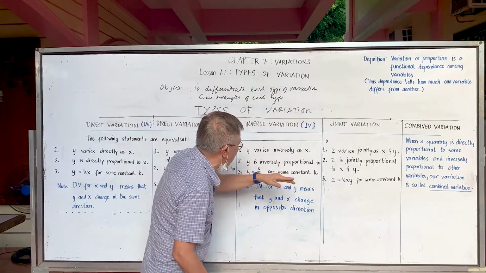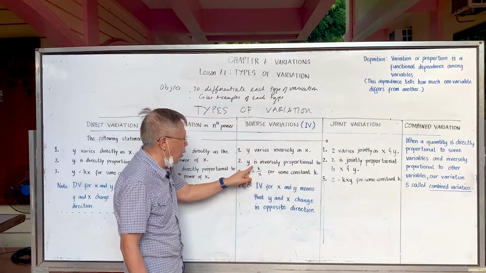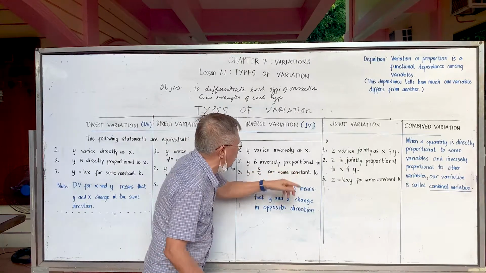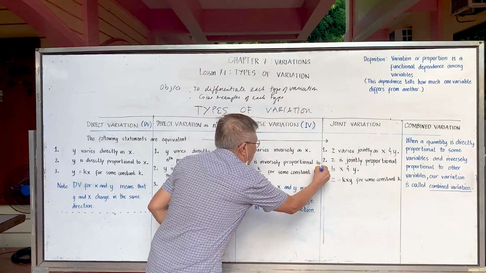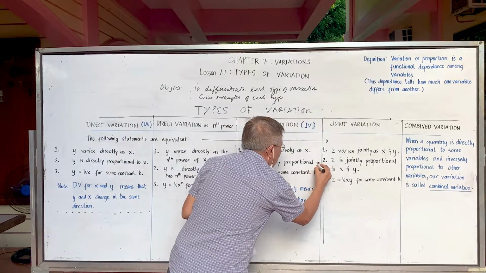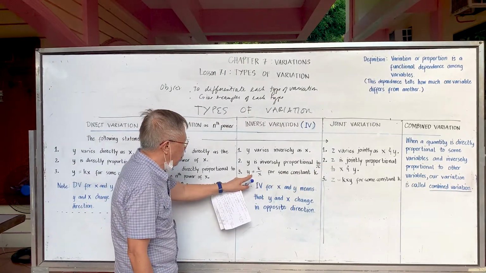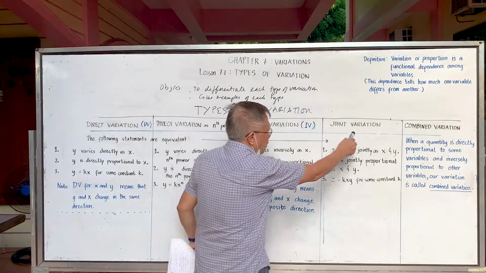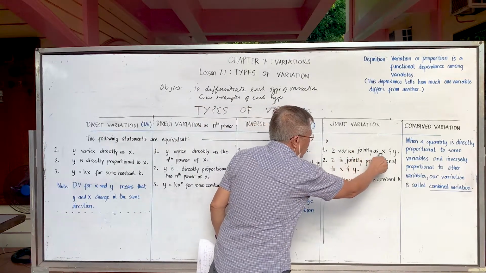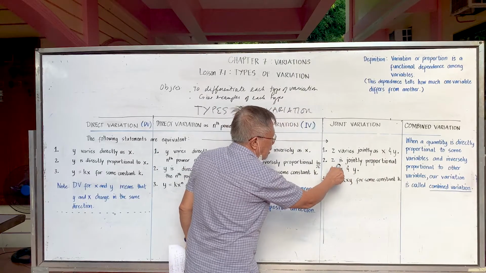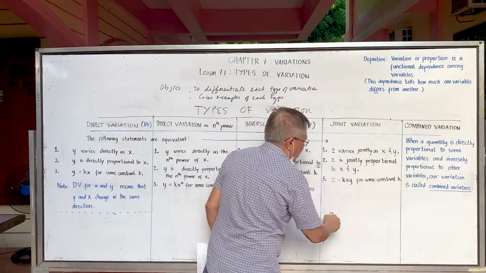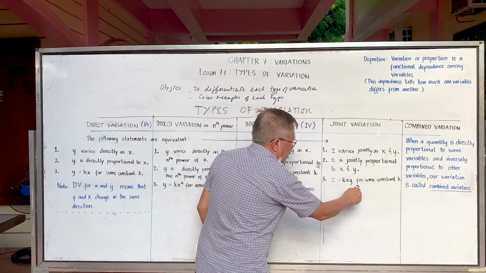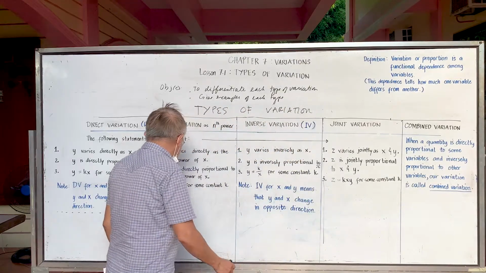Y varies inversely as x is the same as y is inversely proportional to x, or y equals k over x for some constant k. And for the joint variation, z varies jointly as x and y is the same as saying z is jointly proportional to x and y, or z equals kxy for some constant k.